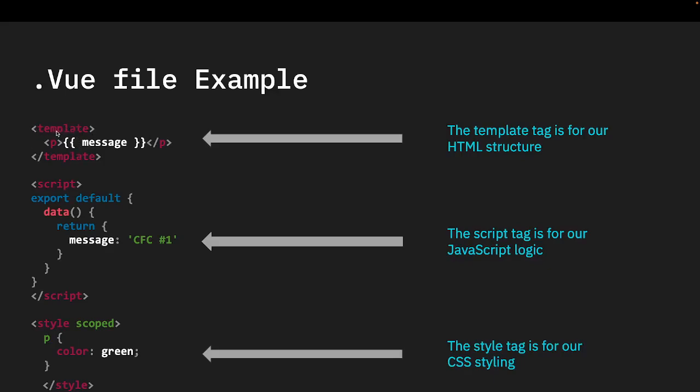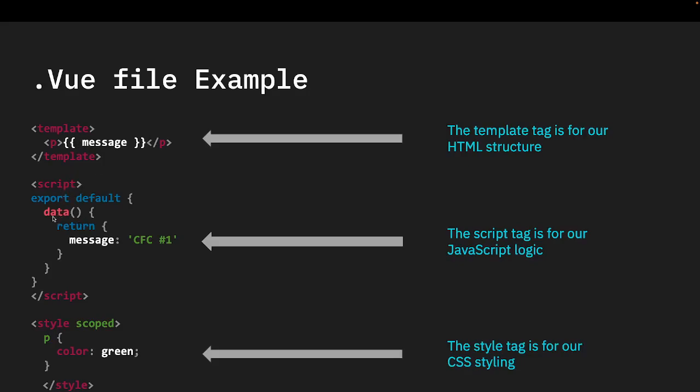They don't get rendered to the page at all. All you're doing is adding a paragraph tag with this message. You'll notice these two curly brackets. These are like template interpolation. So you're kind of telling Vue that whatever's inside of that isn't HTML, it's Vue, or JavaScript in this case.